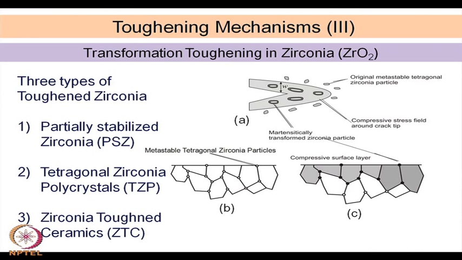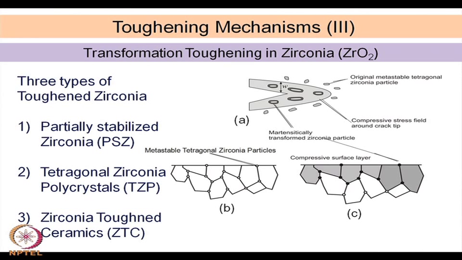So, the cubic phase is normally not stable at room temperature. However, if you add some calcium oxide or yttrium oxide or magnesium oxide, at room temperature the cubic zirconia phase becomes stable, and that is what we call the stabilized zirconia.